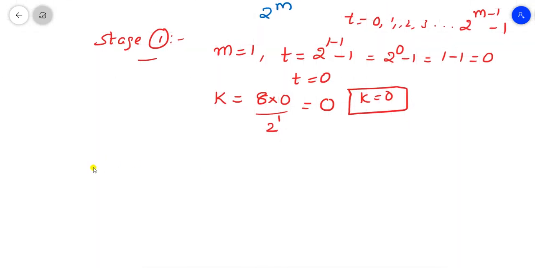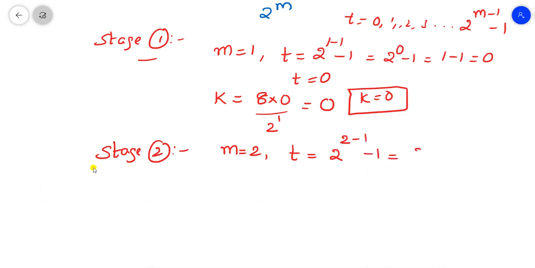Okay, now see stage 2. For stage 2, the stage index value is 2. Now the t value is obtained from 2 to the power of 2 minus 1 minus 1, that is 2 power 1 minus 1, which is 2 minus 1, equal to 1.